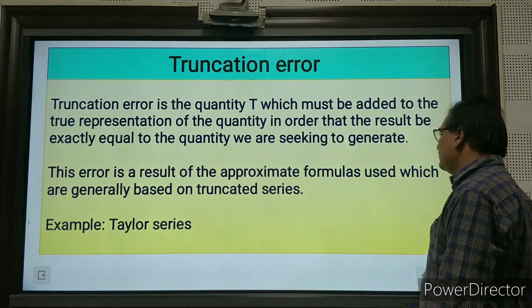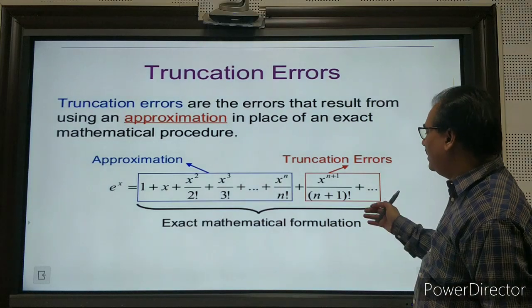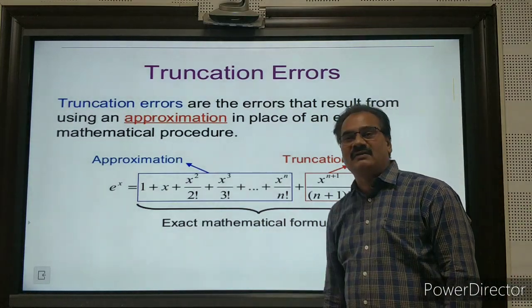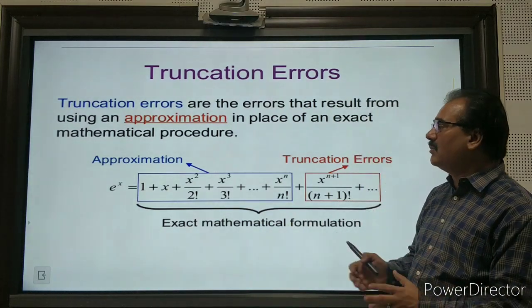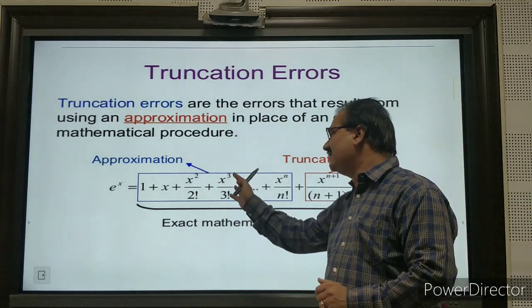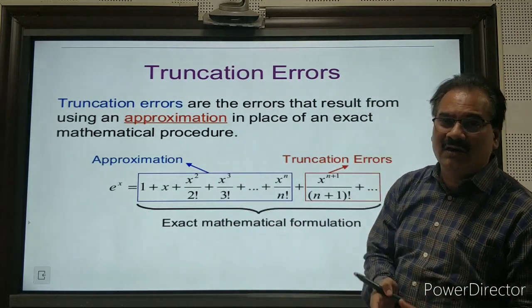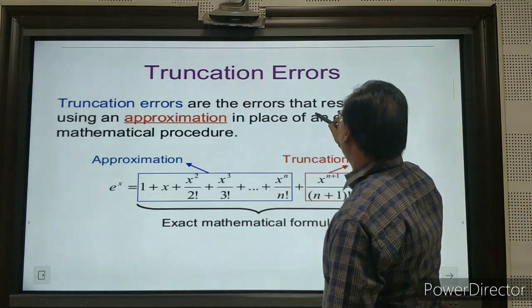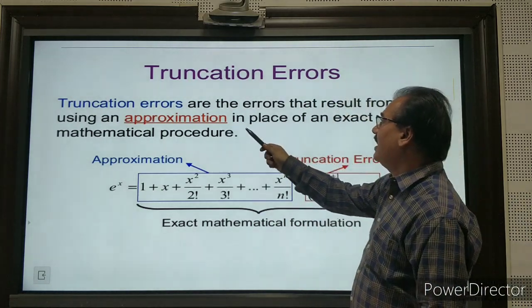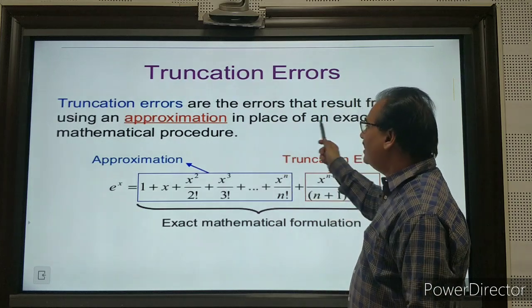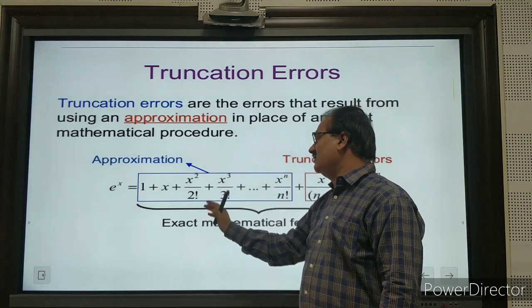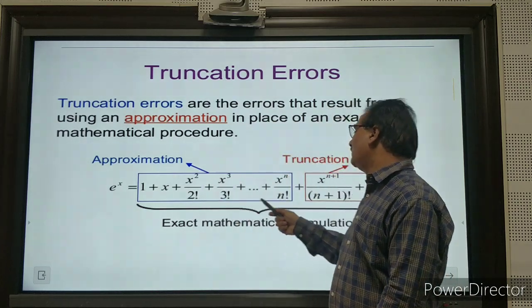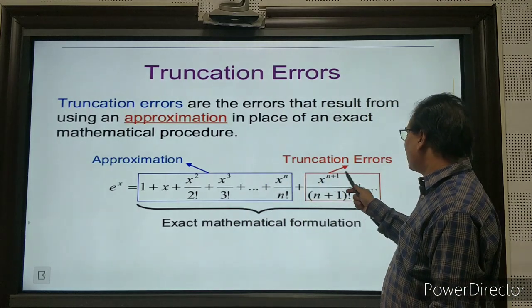Example, Taylor series. जब Taylor series में हम काम करते हैं तो there is a scope of truncation error. You know there are a lot of infinite series, but this series is very prominent for engineering and science students. So truncation errors are the errors that result from using an approximation in place of an exact mathematical procedure. तो इसको हम क्या कहेंगे? Approximation.